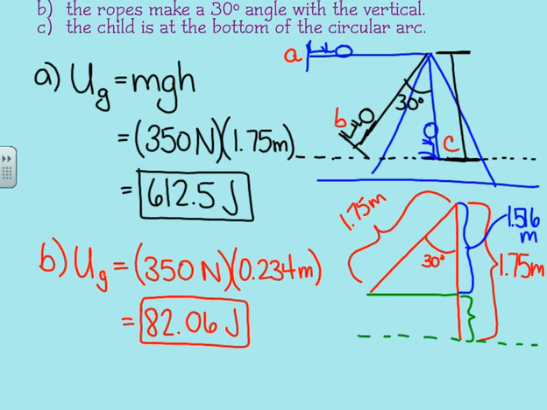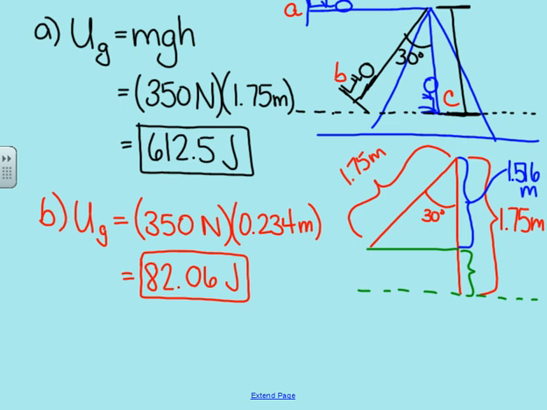Remember, we said the reference level is a position where the potential energy is equal to 0. Because the height is 0, you are no distance above the reference level. So in C, the potential energy of this child is 0.